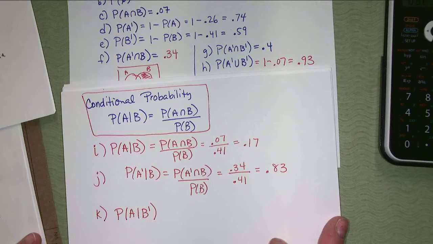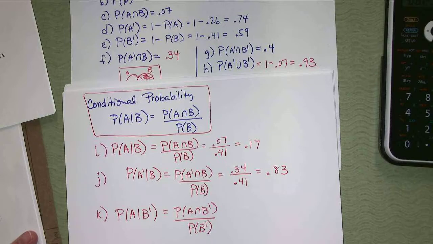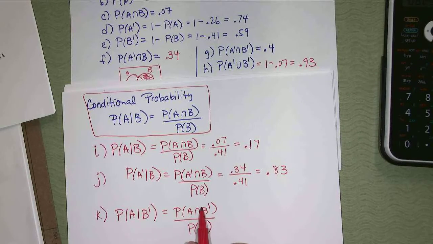So A given B prime, A intersection B prime over B prime. So whatever's given that comes after the line, that's the one that goes on the bottom. Otherwise, it's just the intersection of the two over the one that's given. And whatever's given is after the line. This one I don't think we found, did we?